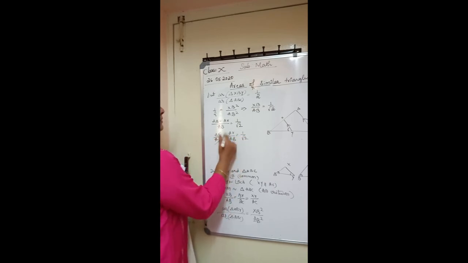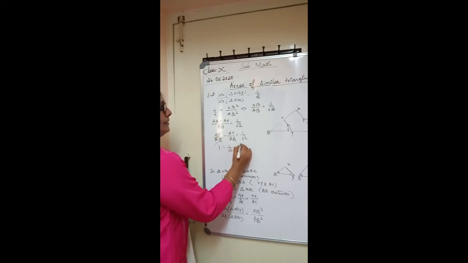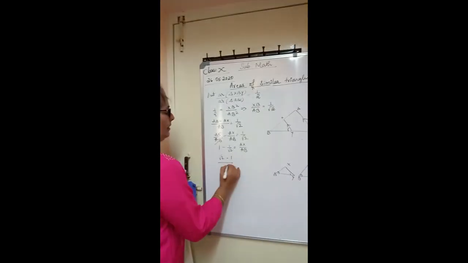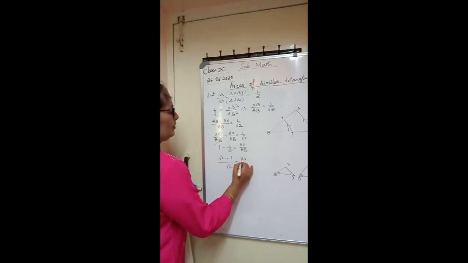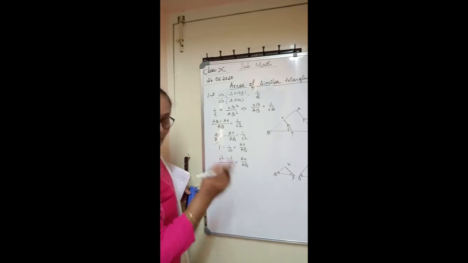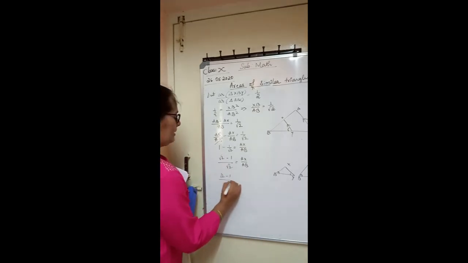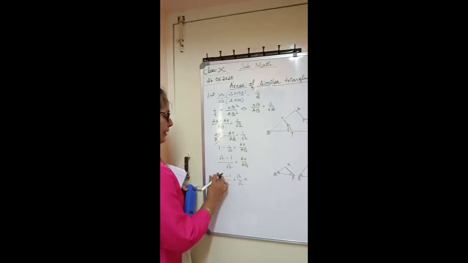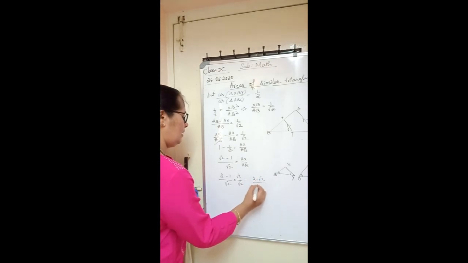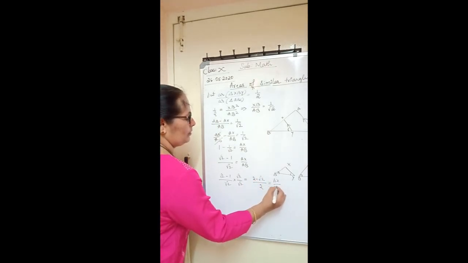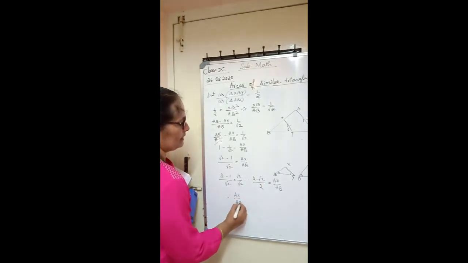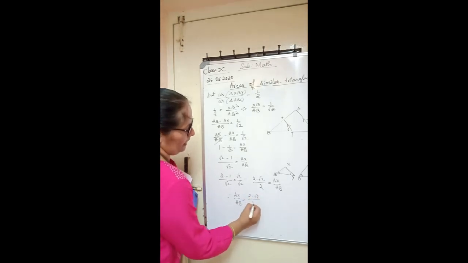So 1 minus 1 by root 2 equals AX by AB. Now take LCM: root 2 minus 1 by root 2 equals AX by AB. If you rationalize, multiply by root 2, you will get 2 minus root 2 by 2 equals AX by AB. Therefore, AX by AB equals 2 minus root 2 by 2.